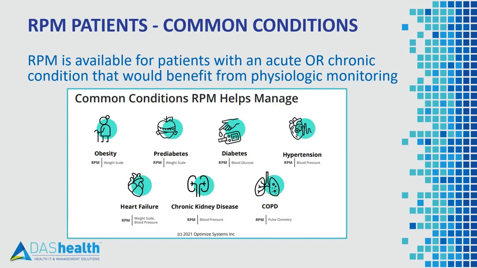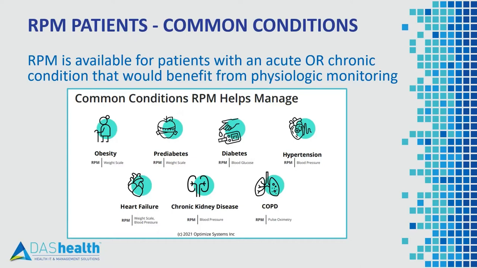This enables clinicians to keep tabs on patients in between clinic visits or when in-person care just is not possible. And we're seeing increasingly that health systems are leveraging RPM to care for patients suffering from a myriad of conditions. So some of these you're going to see on your screen. They include obesity. Maybe your RPM device is a scale to track weight gain or loss. Hypertension. The RPM device would likely be a blood pressure cuff.